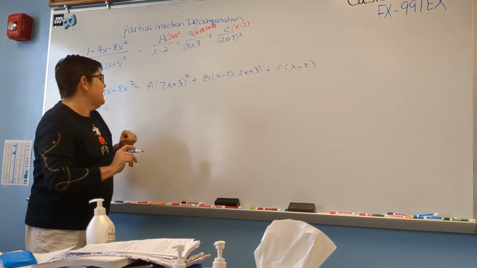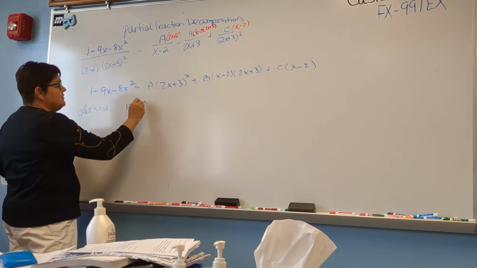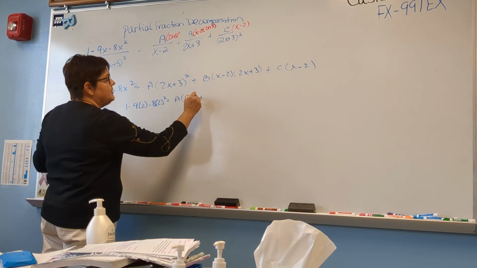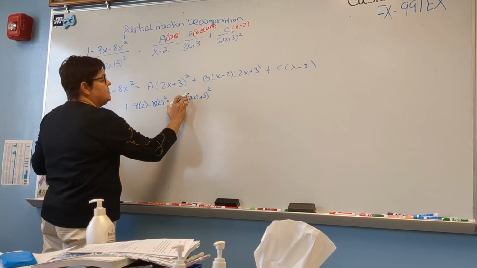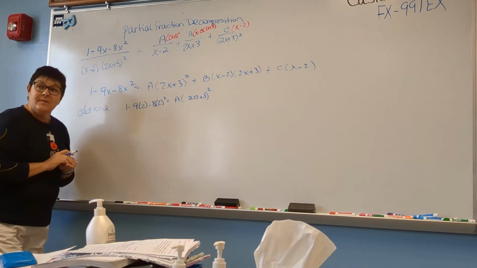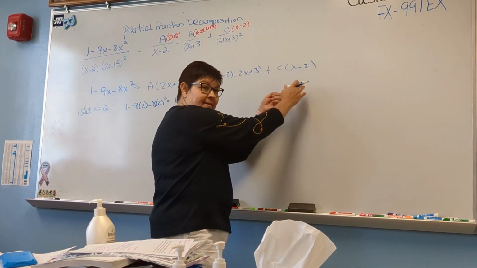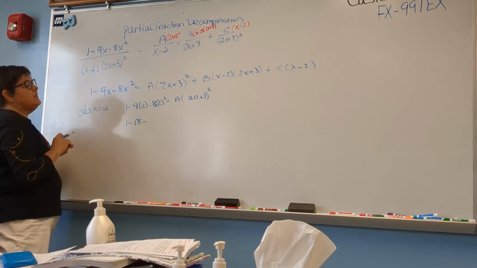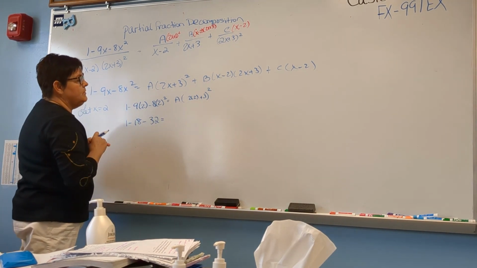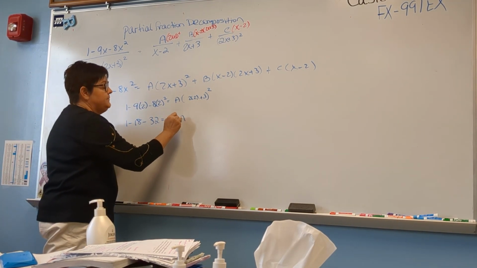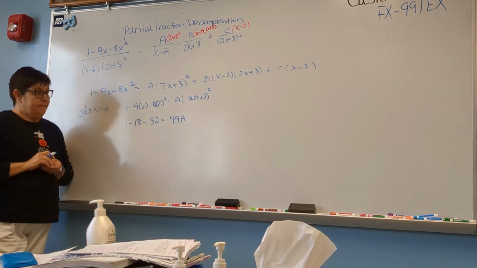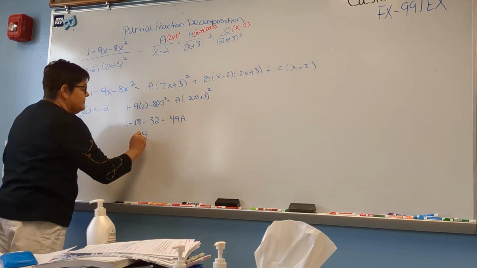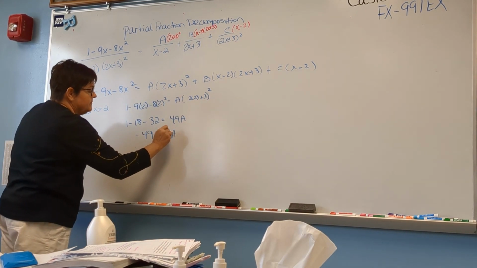So 1 minus 9 times 2 minus 8 times 2 squared equals A times (2 times 2 plus 3) squared. I don't even have to worry about writing the rest, because that's 0. So 1 minus 18 minus 32 is equal to 49A. So A is negative 1.